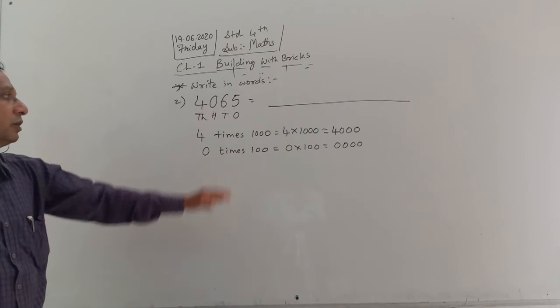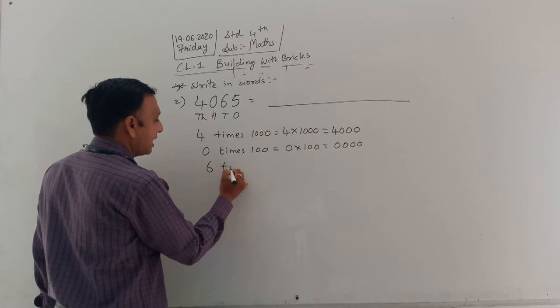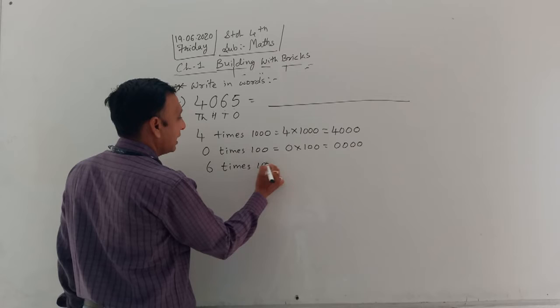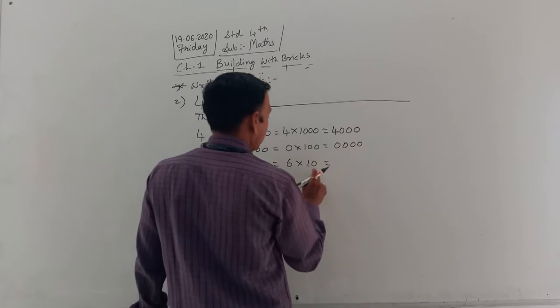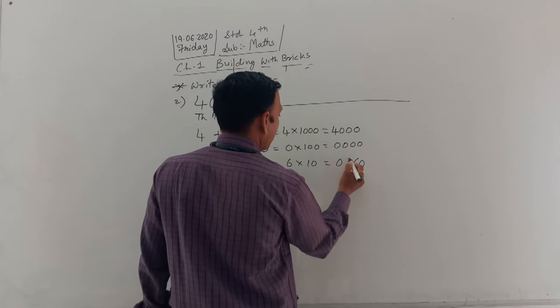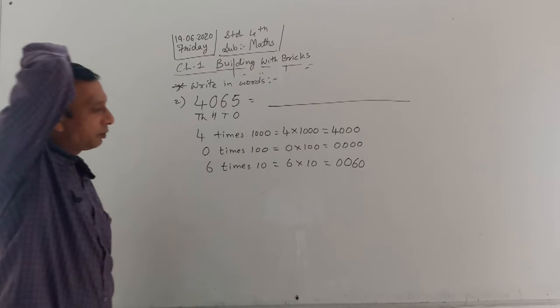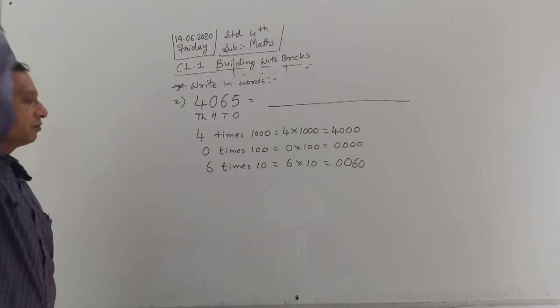Now after 0, 6 is at the tens place. So 6 times 10, that is 6 into 10. 6 tens are 60. But we want 4 digits, so you will write 2 zeros before that number, so it becomes a 4 digit number.